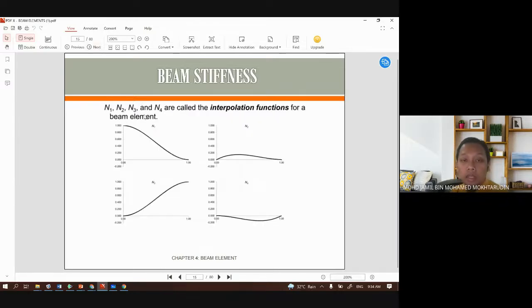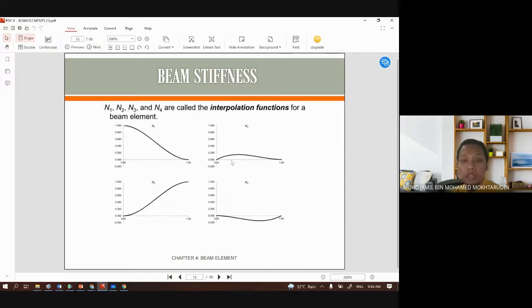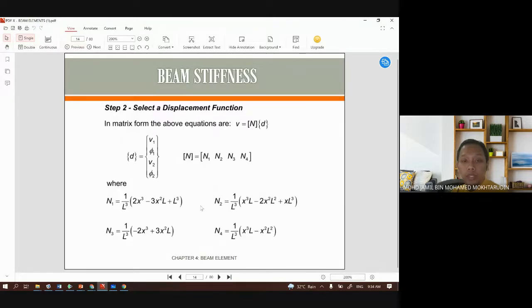All of the N's are called the interpolation functions. So it interpolates along the beam because it depends on the X. So this is an example of all of the N's when you plot this graph.